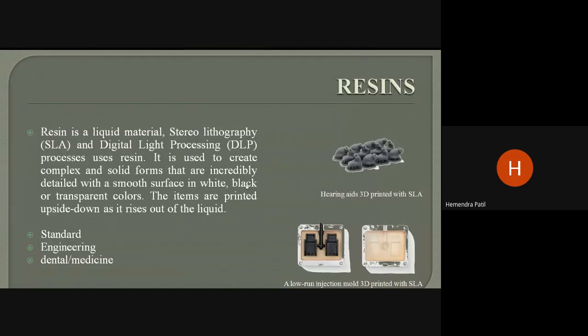Some advantages of standard resins are that fine features and high details can be made, we get a smooth surface finish, and it is the most economic SLA material. Some disadvantages are that it is brittle, with low impact strength and low heat deflection temperature. The next is engineering purposes.